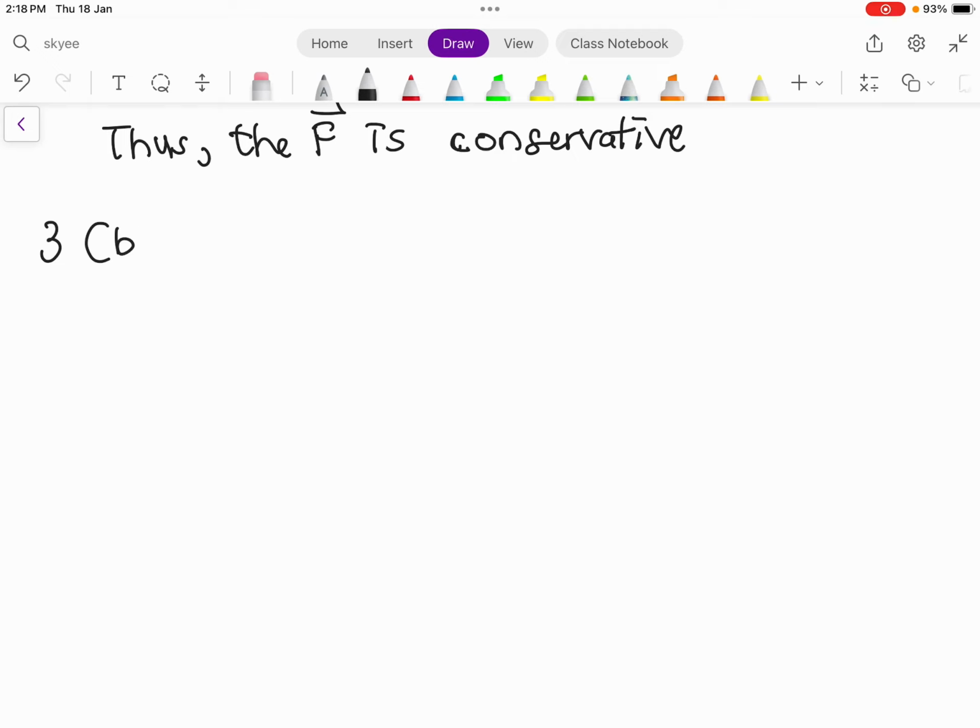So this is question 3b. We write down the important information, which is the equation of the 3D graph. The equation of the 3D graph is x squared plus y squared plus z squared equals 4.